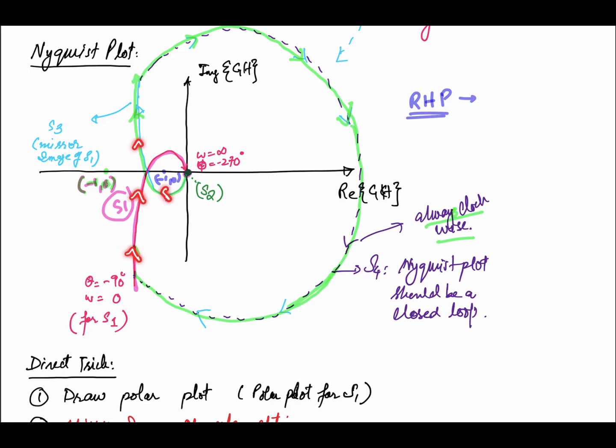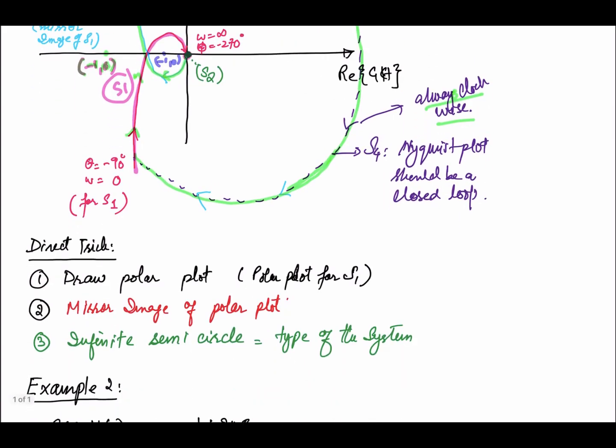This was traversed in this direction, so in this direction we will traverse over the infinitely large circle. So directly you can draw the Nyquist plot.